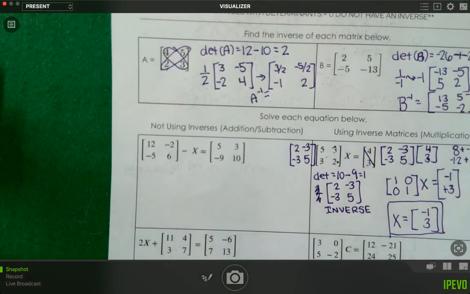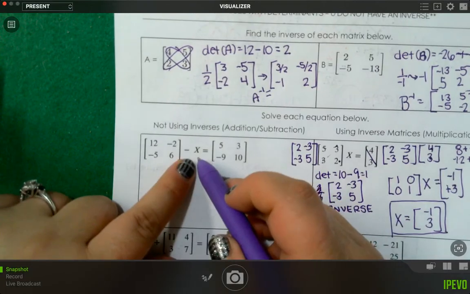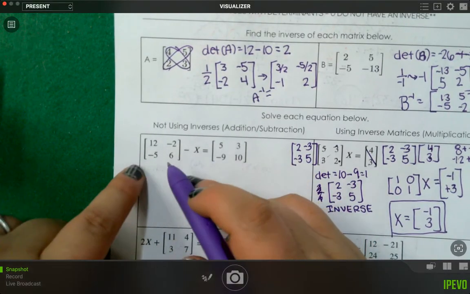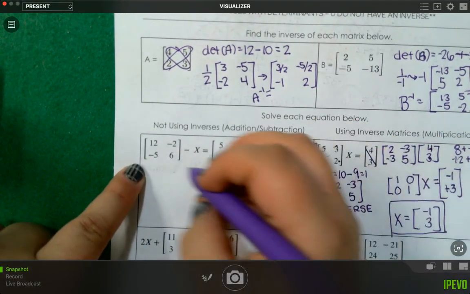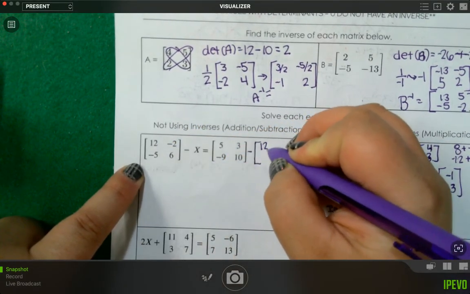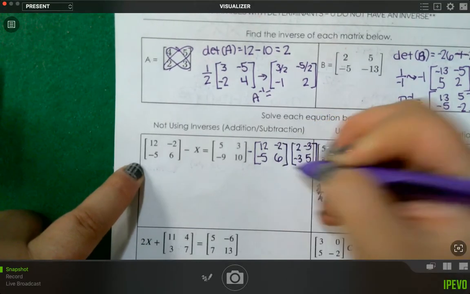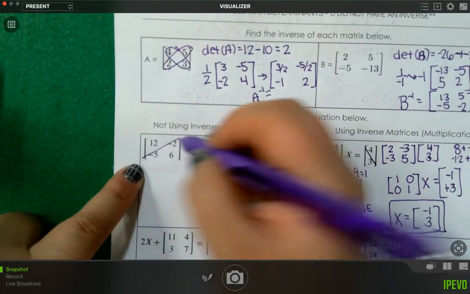Okay, now, over here, here's the easy part. I want to get x all by itself, right? I need to get rid of this. So what I'm going to do is subtract it to the other side. Okay, and what that's going to do is cross it off over here.